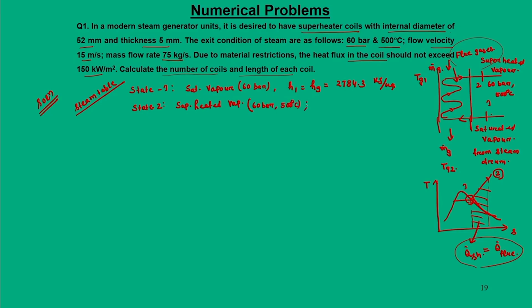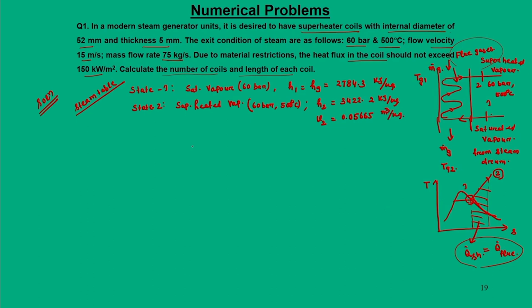So, the superheated table will give you H2 as 3422.2 kilojoule per kg. Of course, we require specific volume, please note that down. That number is 0.05665 meter cube per kg.